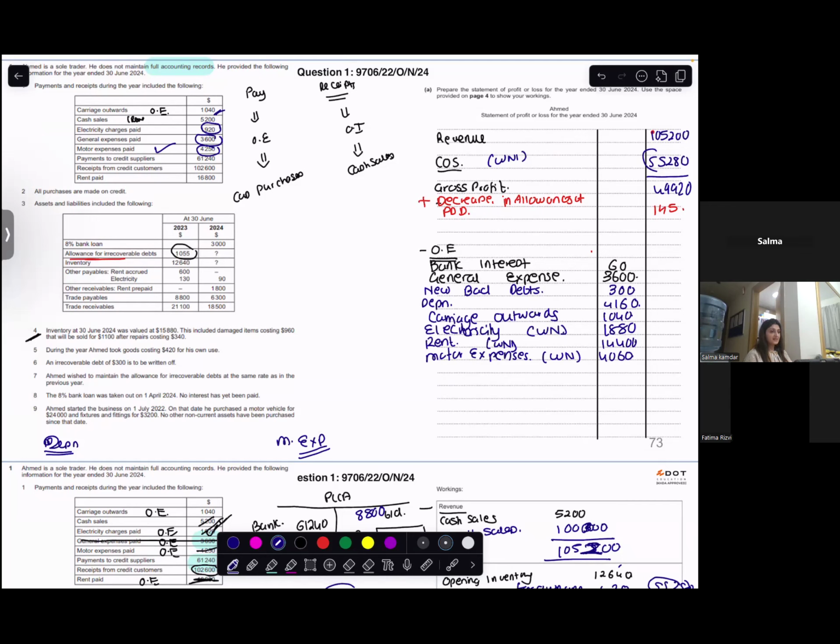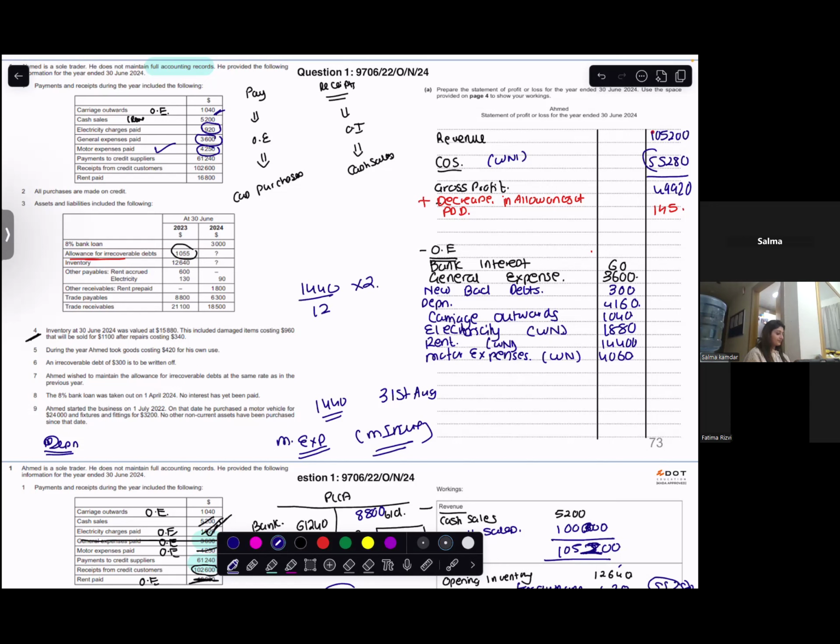So motor expenses had motor insurance, and this was ending up to 31st August. So 1440 was paid for 12 months and it was paid up till August. So July and August, 2 months, was prepaid.